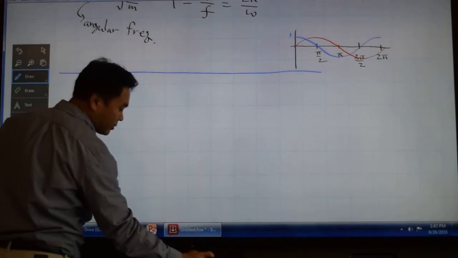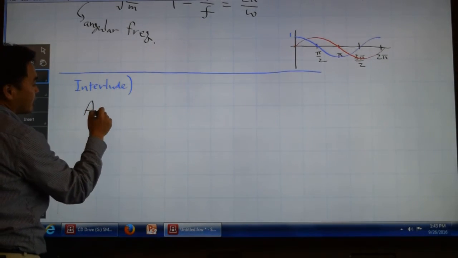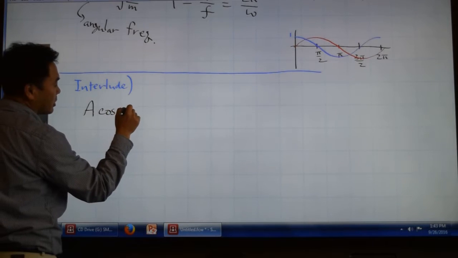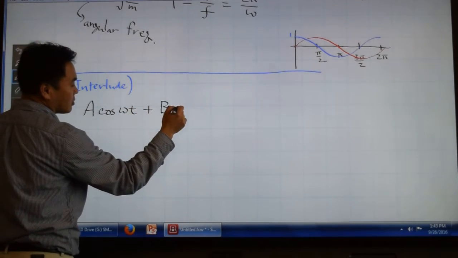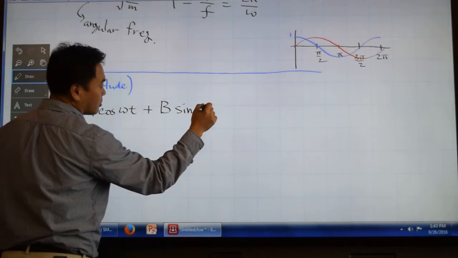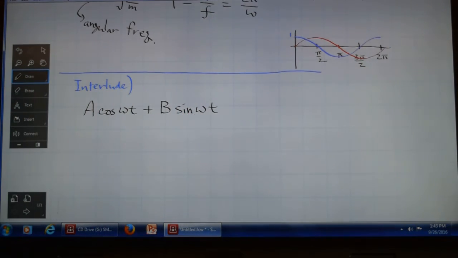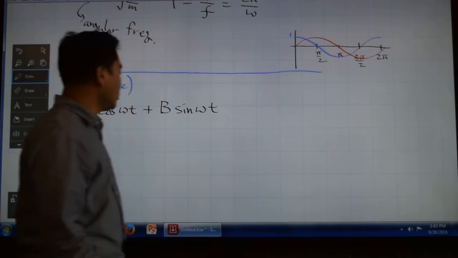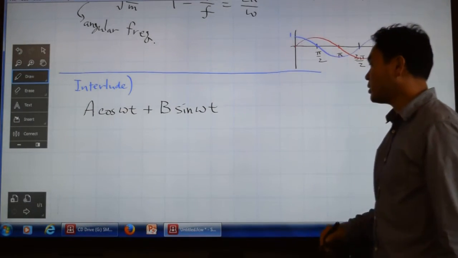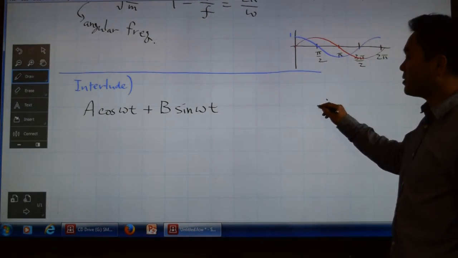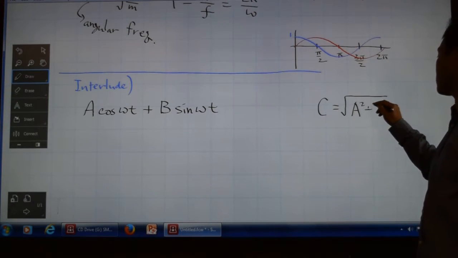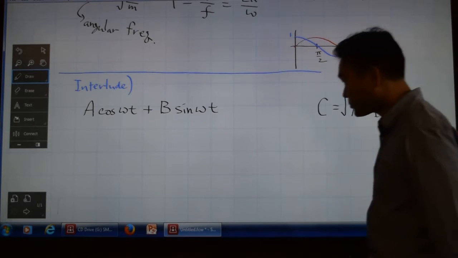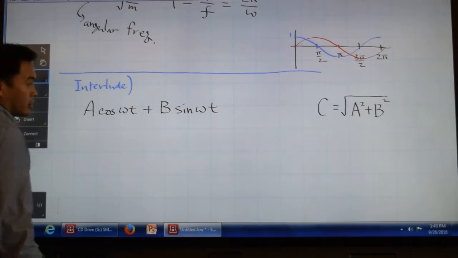If you had a times cosine omega t plus b times sine omega t, then you can define c as the square root of a squared plus b squared, and do the following.